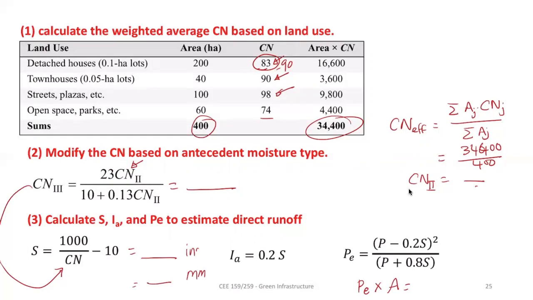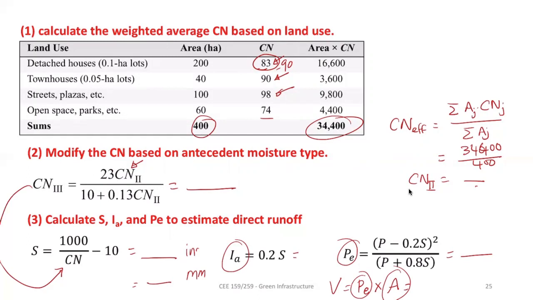Once you know S, you calculate Ia. If you know S, you can also calculate the effective precipitation. You know the precipitation, so you calculate the effective total volume, which is the effective precipitation times the area, which is 400 hectares.